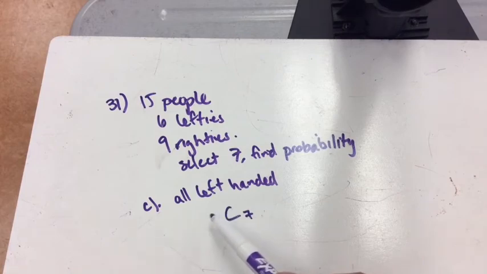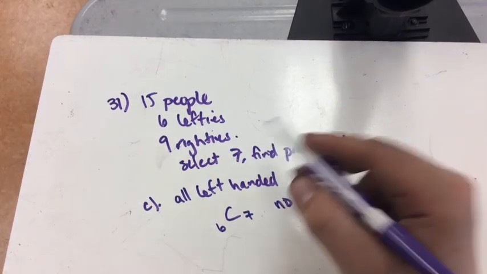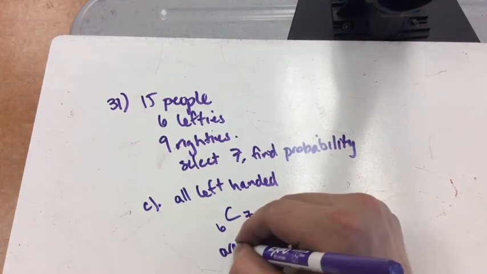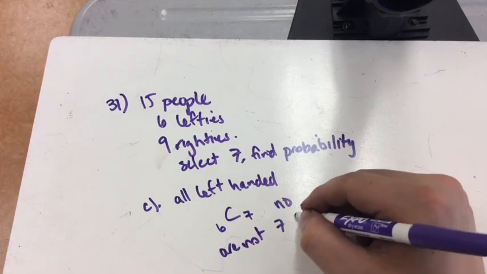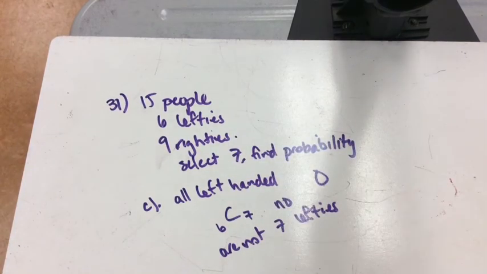So can we choose any situation in which we'll have everyone being lefties? Well, the answer is no, because there aren't 7 lefties. So this actually becomes 0. That was a much more interesting question than I thought when I initially started. See if you guys can make sense of it.